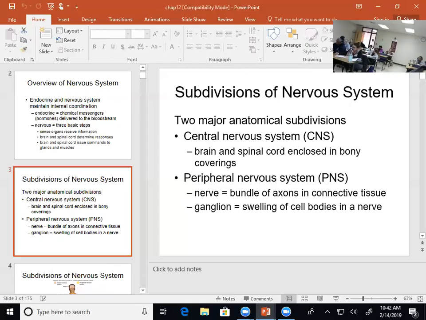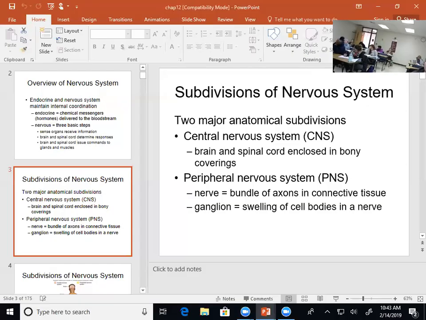Scientists didn't just make these divisions to make you learn something else; it's because these tissues are very uniquely different from each other. If damage gets done to the central nervous system neurons, do we expect healing the way that we could potentially get with peripheral nerves? So it's a difference in the actual cells that make up the tissue, and that's going to be important to know.